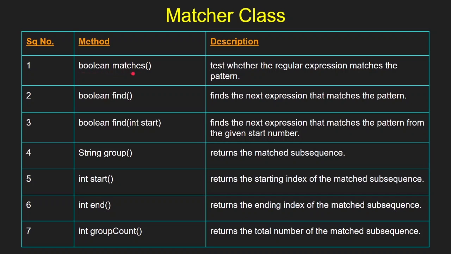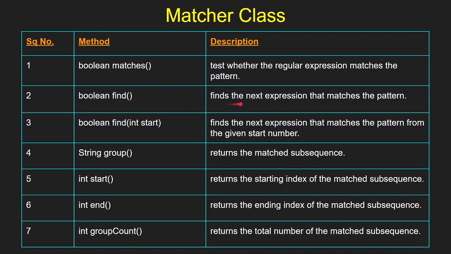What this function does is it tests whether the regular expression matches the pattern or not. It will return true if a match is found, and if the match is not found, then it will return false.